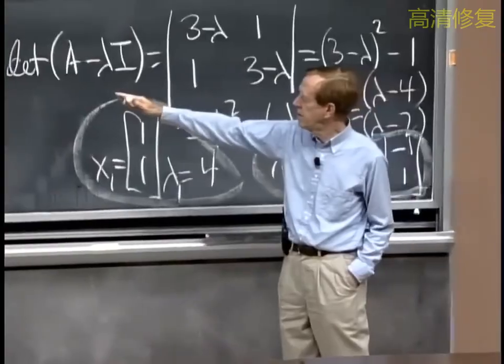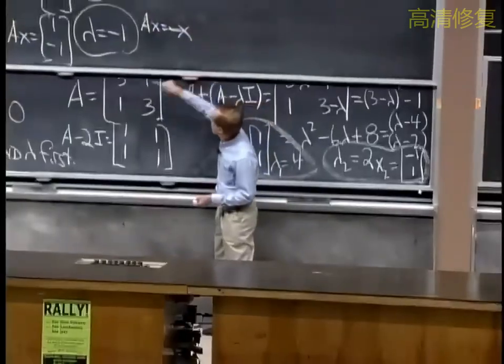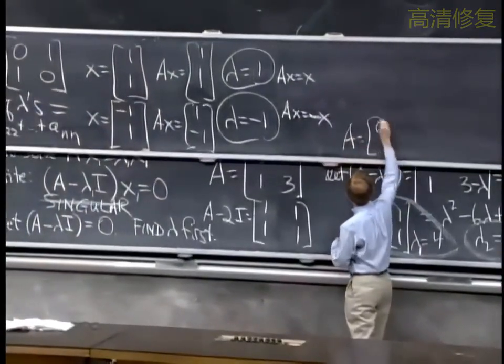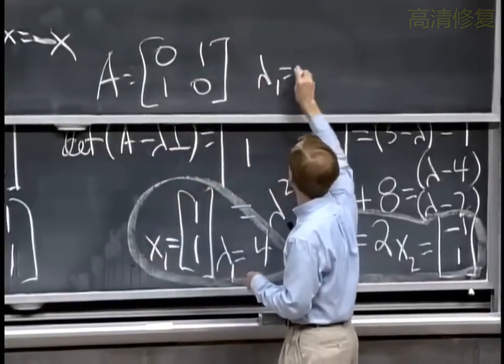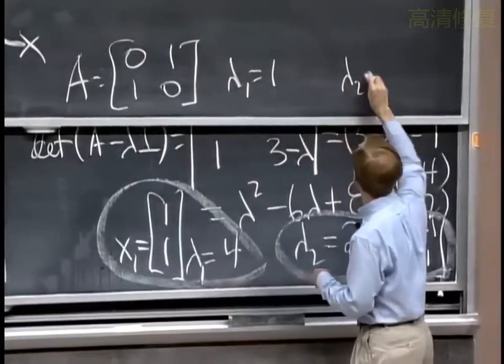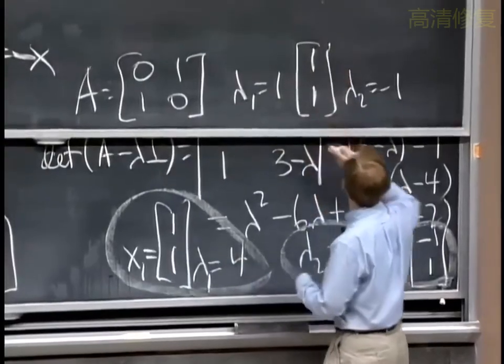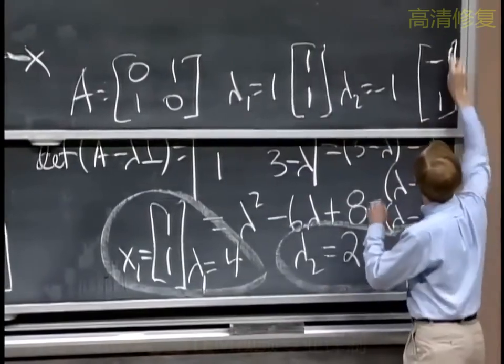What's the relation between that problem, and let me write just above what we found here, A equals 0, 1, 1, 0. That had eigenvalues 1 and minus 1, and eigenvector 1, 1, and eigenvector minus 1, 1.